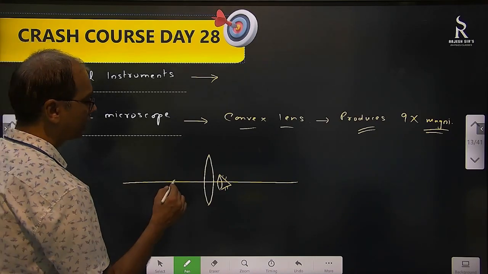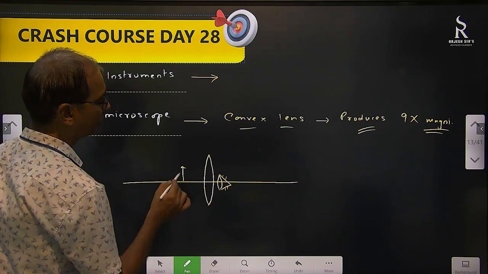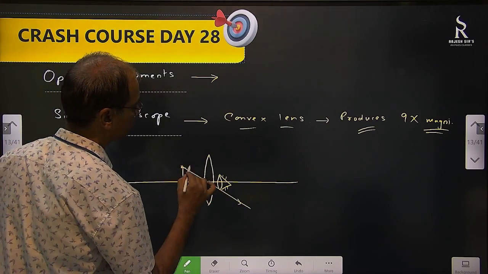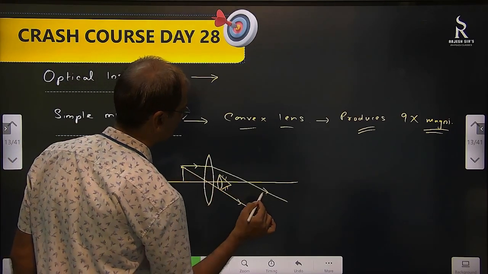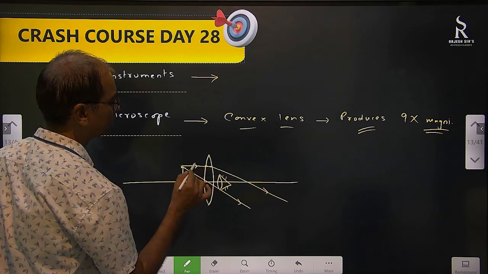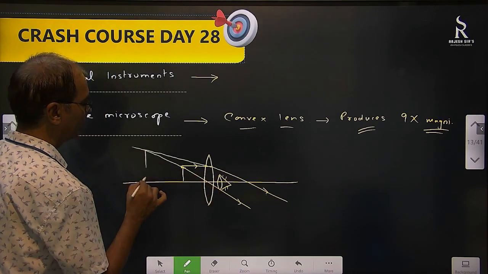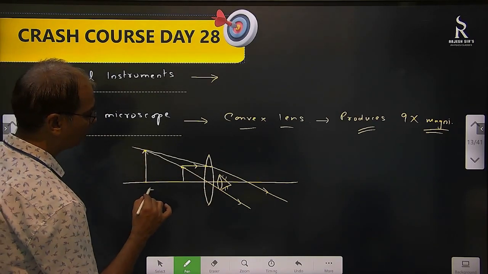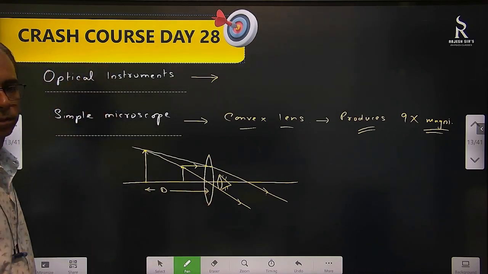So suppose that we kept the object over here. The ray is going in this way, and this one is passing like this. We are going to retrace them like this and like this, and here is the image of this object, and this is forming at a distance D, capital D. What is D?